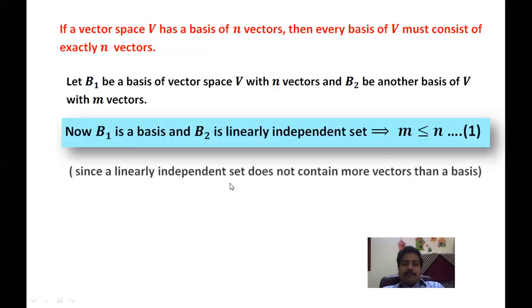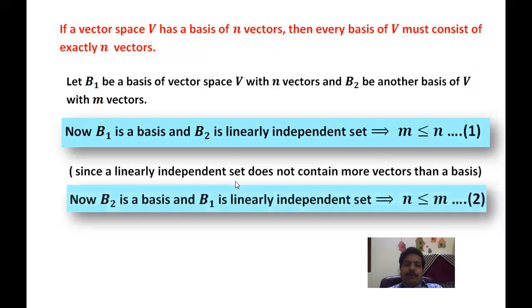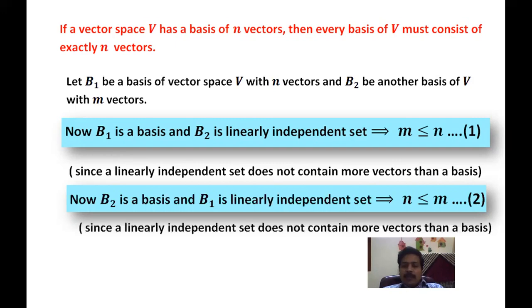Similarly, now B2 is a basis and B1 is a linearly independent set. In fact, both are linearly independent sets, both are bases. But here I am taking the property of linearly independent set of B1. So now B2 is a basis and B1 is a linearly independent set. That implies n less than or equal to m, since a linearly independent set does not contain more vectors than a basis.